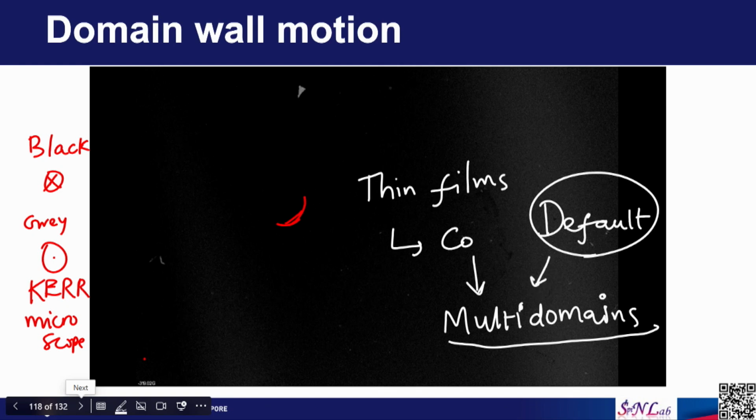So, when you have such films, the reversal mechanism is always domain wall motion. Okay. So, this is what I meant. The reversal mechanism depends on the state of your film. So, if your film or sample has multi domain state, then you will have this domain wall motion reversal mechanism.